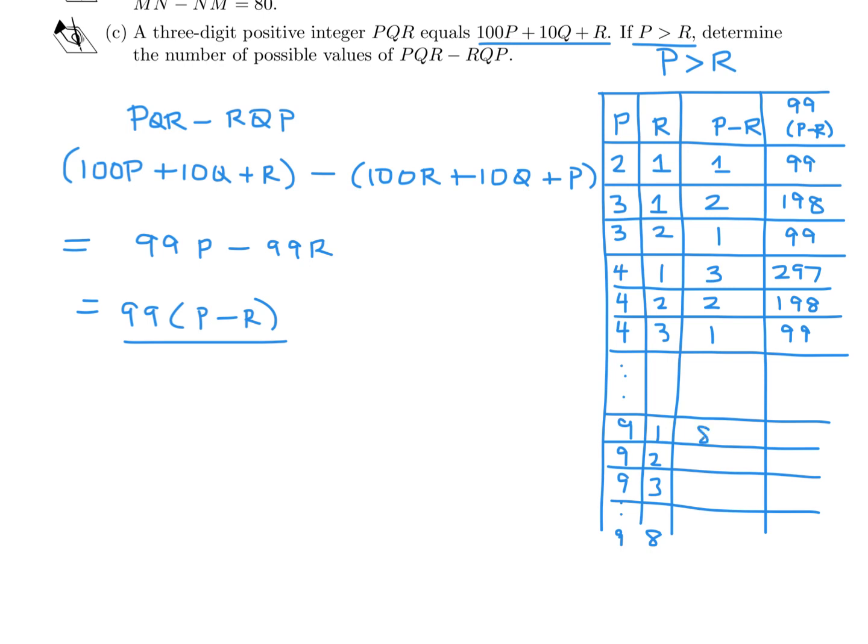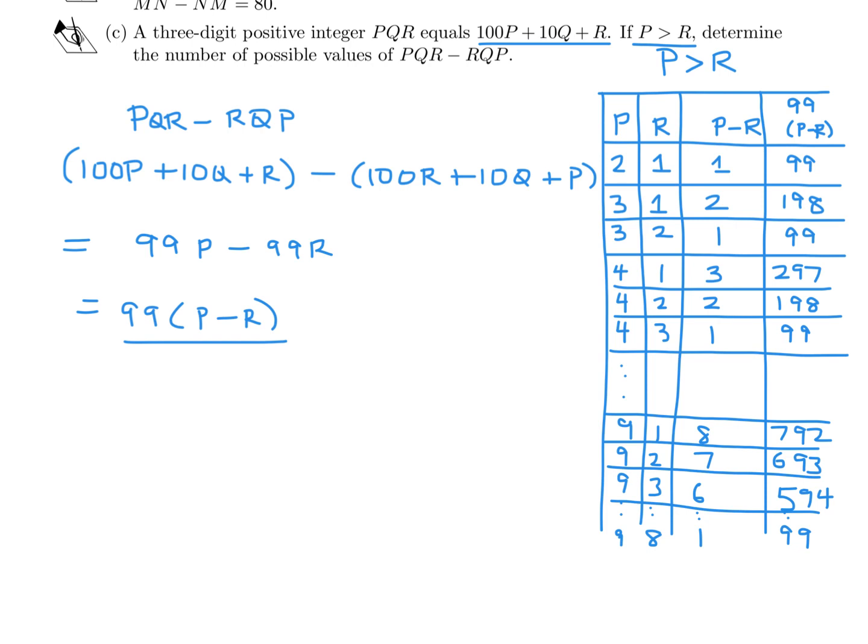So this will be 8, 7, 6, and 1. This will be 99. I didn't do all of them. I just wanted to get an idea. This is 594. This is 693, and this is 792. So basically, the highest it gets is 792, and the lowest is 99, and they're all multiples of 99.